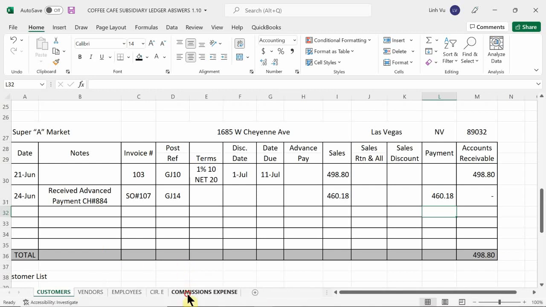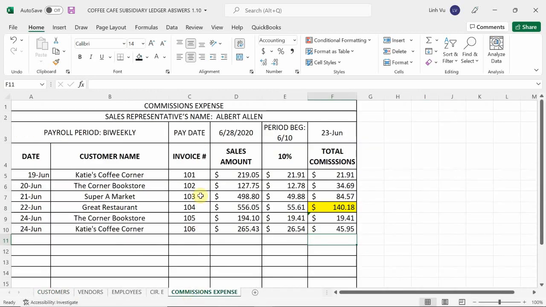Albert's the one who introduced Super A Market to us. Now in this case, who's going to deliver the coffee to Super A Market? You bet, it's going to be Albert. So at the end of the day, because Albert brought this person into the company by selling to this company, even though Albert himself didn't submit the order himself, he's still going to be responsible to take care of that sales.